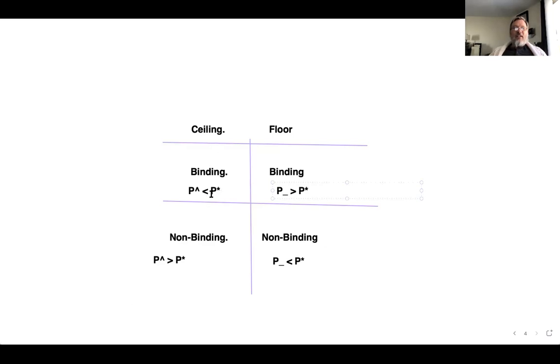A binding price ceiling caps the price below the equilibrium price. So that one's right. A binding price floor has a price above the equilibrium price. Yes, I have all the inequalities the right way. And in these cases, non-binding means no impact on the market.